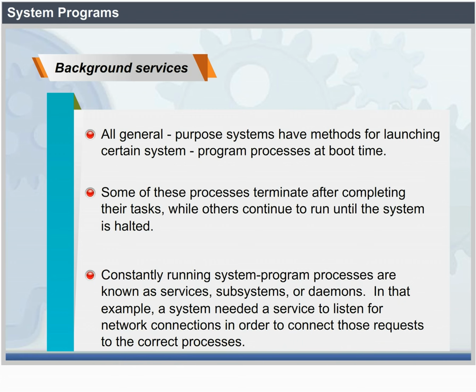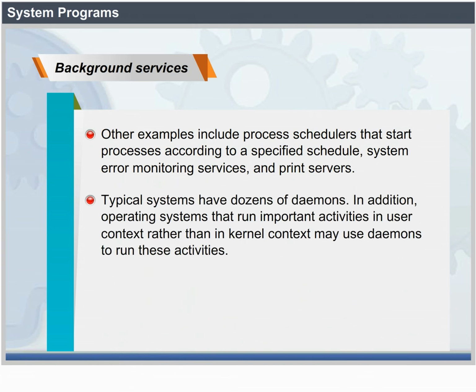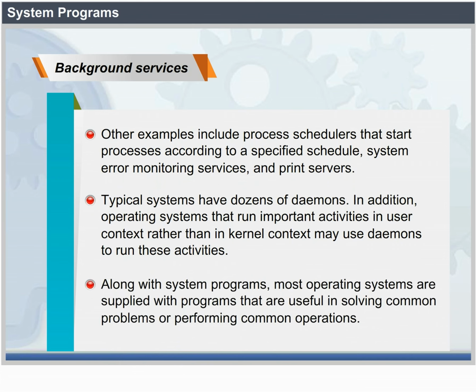Other examples include process schedulers that start processes according to a specified schedule, system error monitoring services, and print servers. Typical systems have dozens of daemons. In addition, operating systems that run important activities in user context rather than in kernel context may use daemons to run these activities. Along with system programs, most operating systems are supplied with programs that are useful in solving common problems or performing common operations.